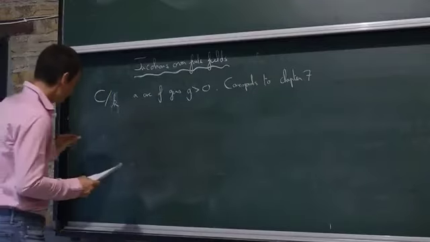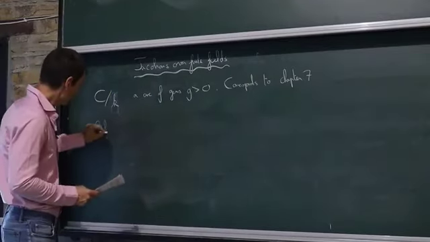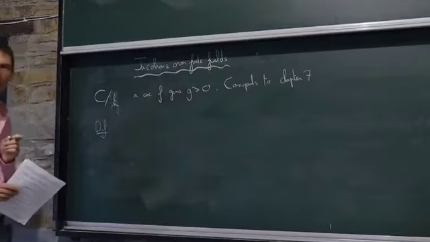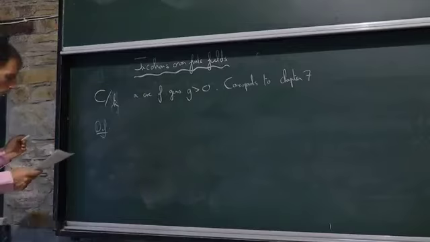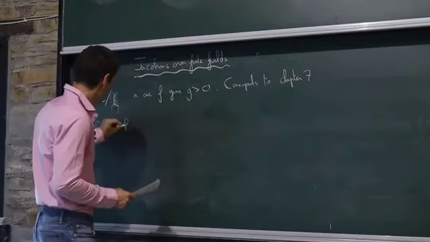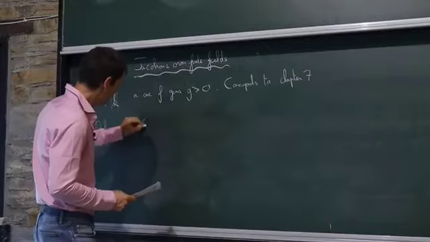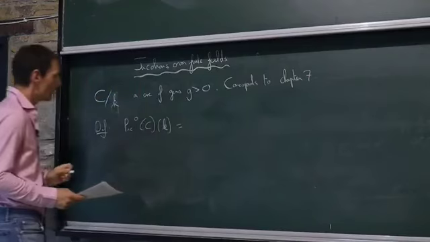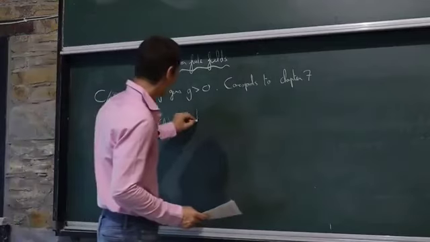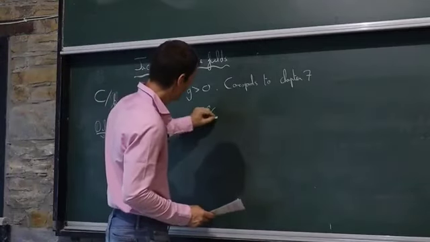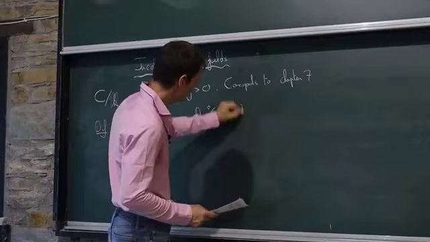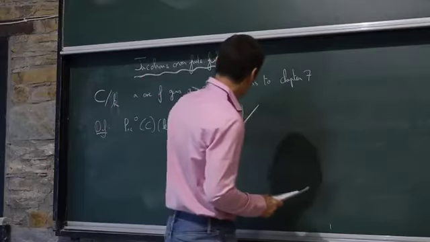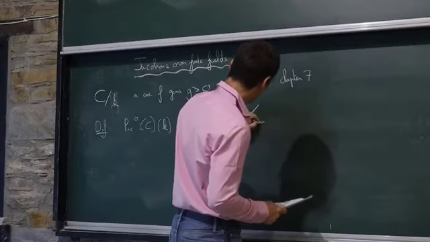Let me first remind you of an object that we have already seen in the context of divisors of curves, which we denoted Pic^0(C)(K), and that was exactly the divisors of degree 0 on C defined over K up to linear equivalence.